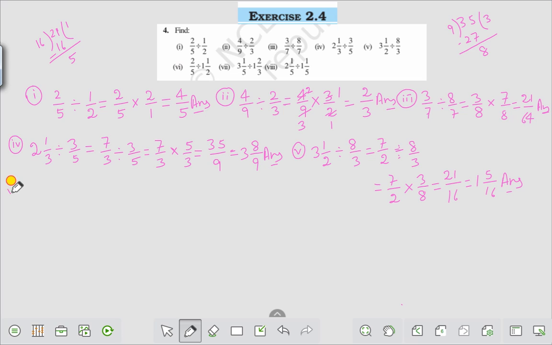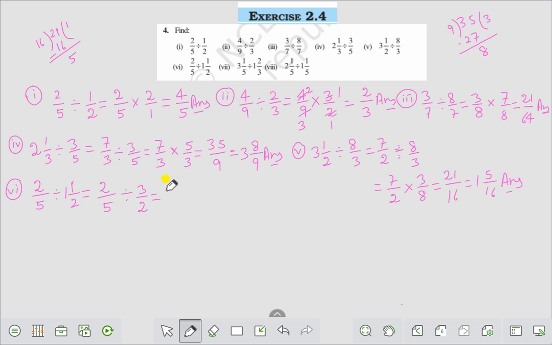Now question number 6 is 2 by 5 divided by 1 whole 1 by 2. Therefore, it can be written as 2 by 5 divided by, this is a mixed fraction, therefore 2 ones are 2 plus 1, 3 by 2.